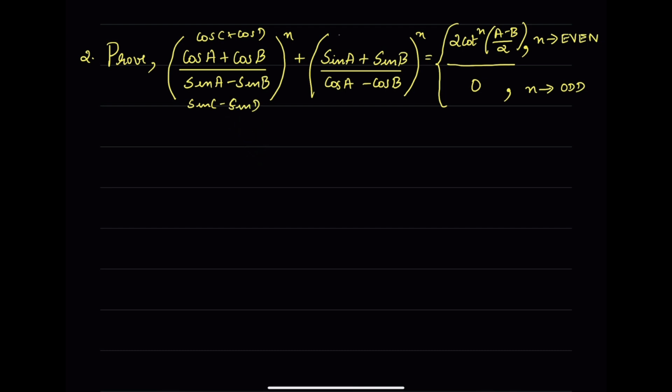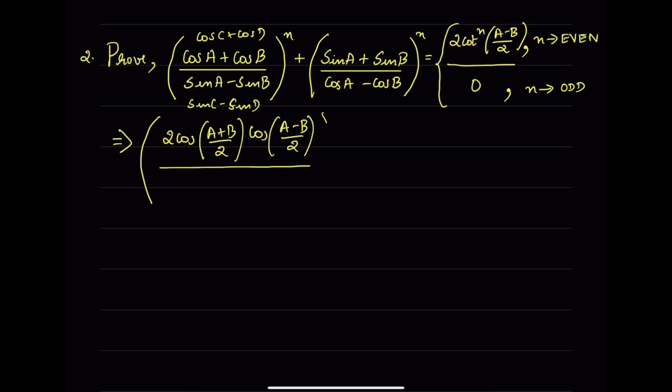Similarly, it is sin C plus sin D and cos C minus cos D. So we are going to apply that formula now to convert these sums and differences to products. So the first term will change to 2 cos (C plus D) by 2, so this is (a plus b) by 2, and cos (C minus D) by 2, so (a minus b) by 2.